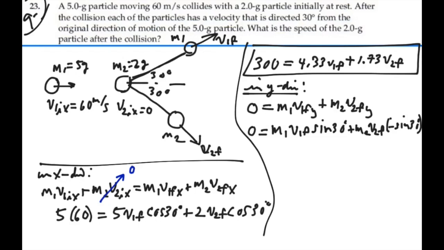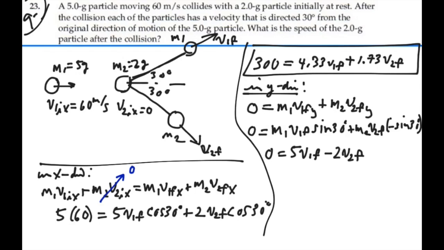So if we divide through by the sine of 30 degrees, we have that 0 is equal to 5 grams times v1 final minus 2 grams times v2 final.